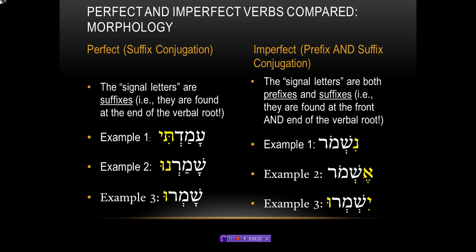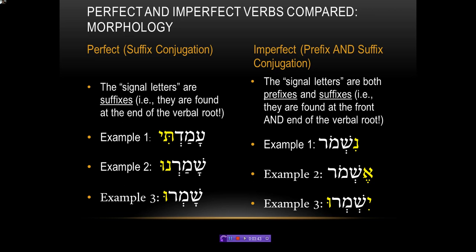Perfect verbs always have suffixes. Well, I should say they typically have suffixes, right? The third masculine singular has no suffix, so shamar is just the root, and you know that it's third masculine singular typically by looking at the qamets and the patach. But typically, the perfect is a suffix conjugation.